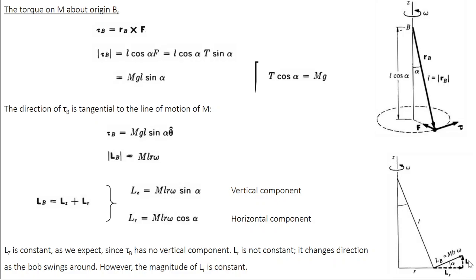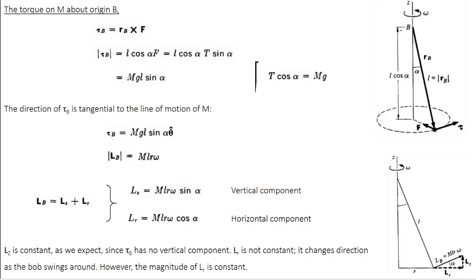So from this geometry, you can see that Lz equals mLr omega sin alpha, which is the vertical component, and the parallel component Lr is going to be mLr omega cos alpha.